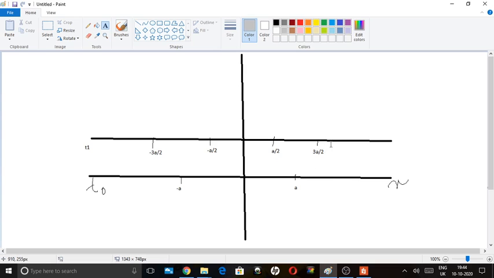Next we are going to find the support of u at t1. So the support of u at t1 will be the union of the supports of f of x plus a by 2 and f of x minus a by 2, that is the closed interval minus 3a by 2 to a by 2 union the closed interval minus a by 2 to 3a by 2, that is the closed interval minus 3a by 2 to 3a by 2.